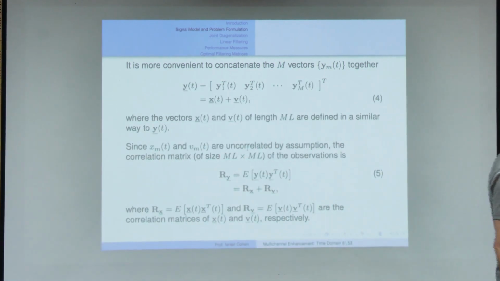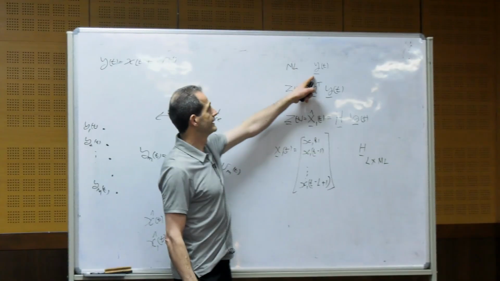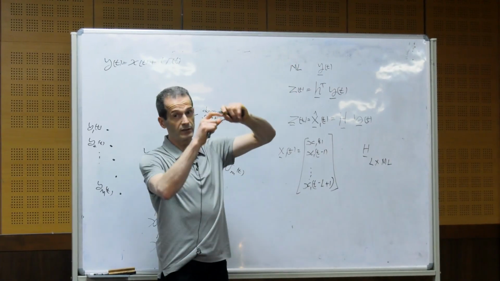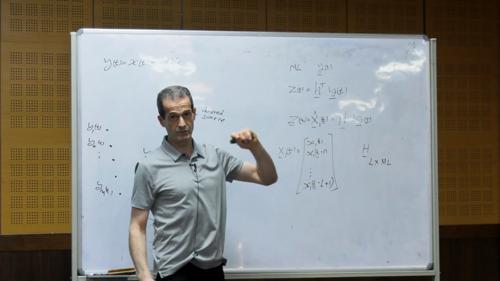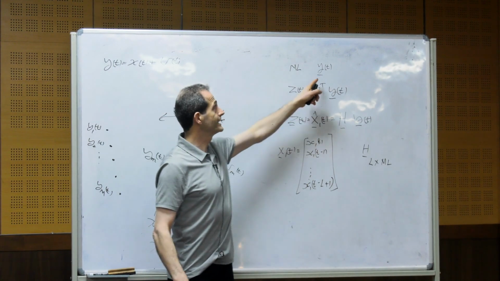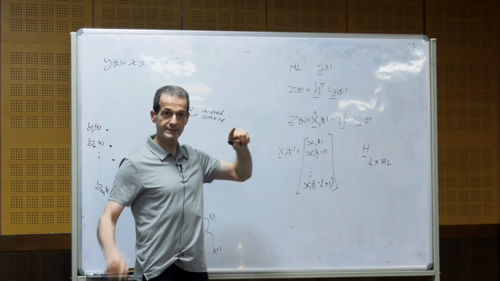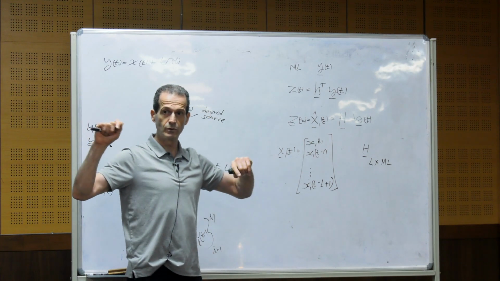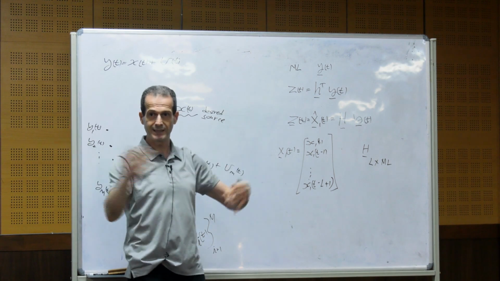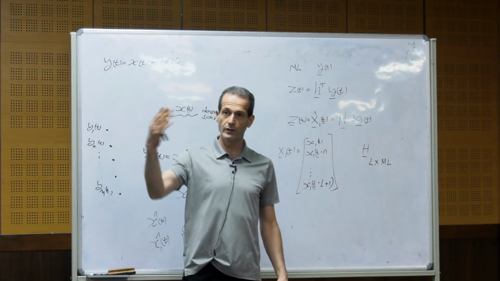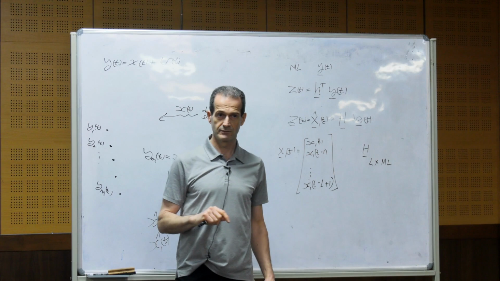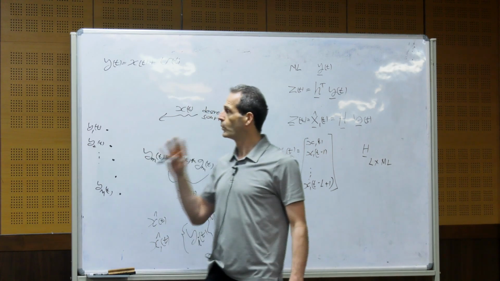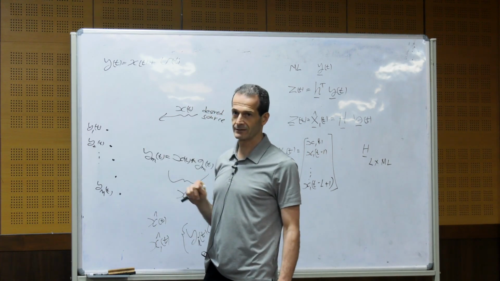The covariance matrix or correlation matrix of Y, since it's a longer vector, contains more information. So this correlation matrix is ML by ML. If you estimate something with more information and it contains wrong values, you will get a worse result.